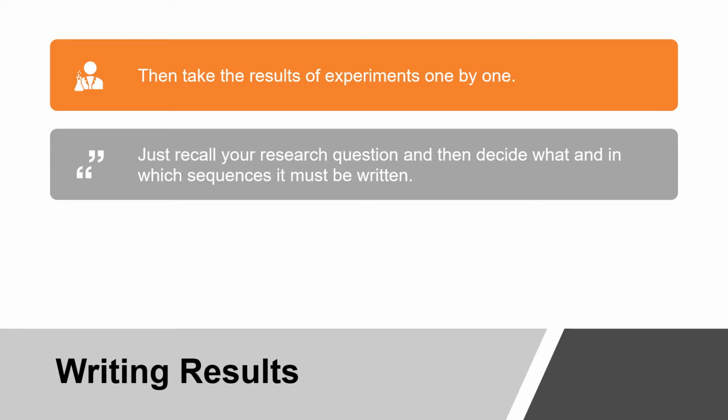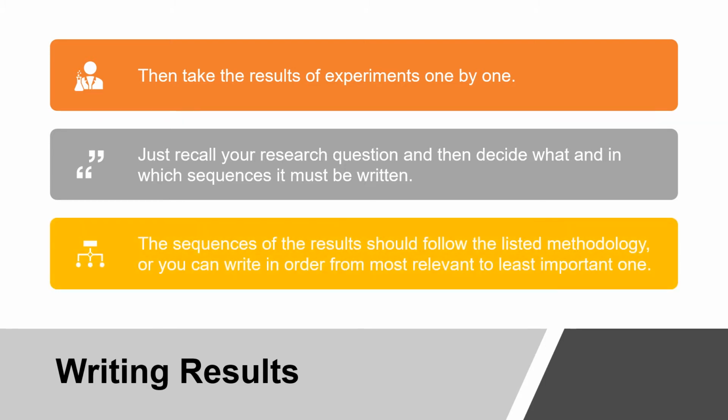And if you are a little confused about certain results, you can go back and recall your research problem, and then decide what to write first and in which sequence. Or you can also follow the order from the most important to the least preferred result that has to be written in your thesis.